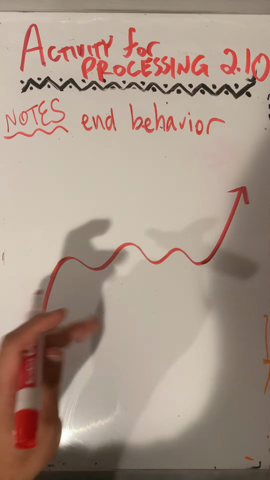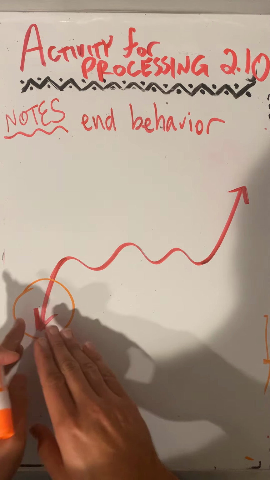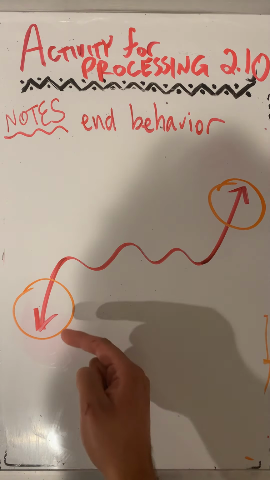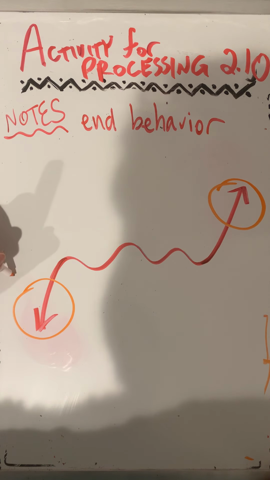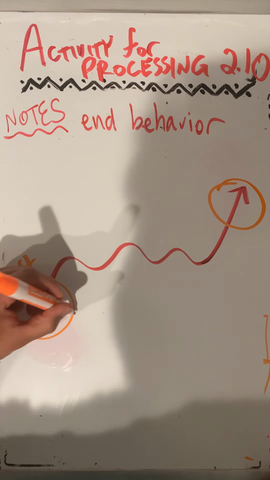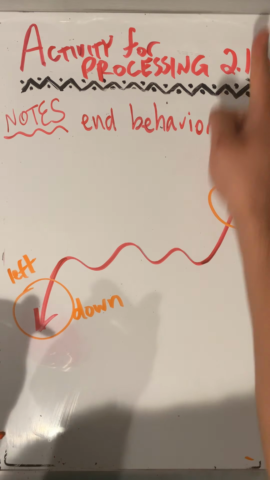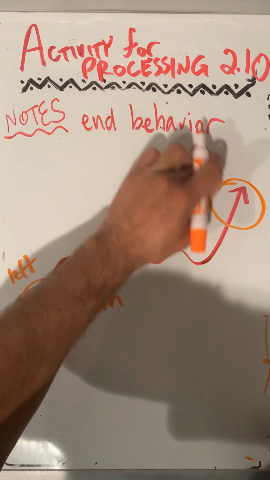I just want to focus on the end behavior. How is the graph behaving on this end? Okay, so first of all, I need to tell myself this is going left, down, left, down. This one over here is going right, up. So I should write up over here.